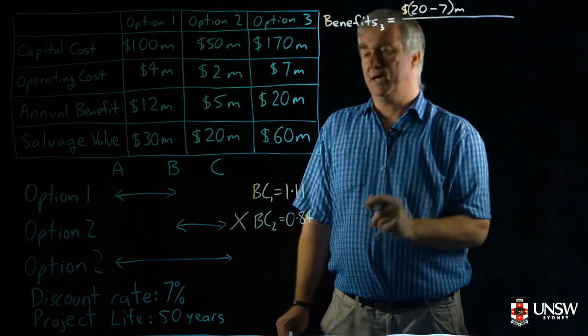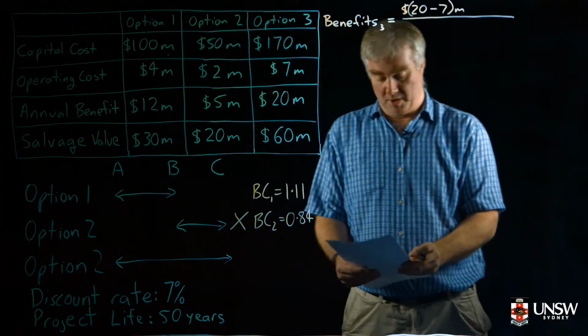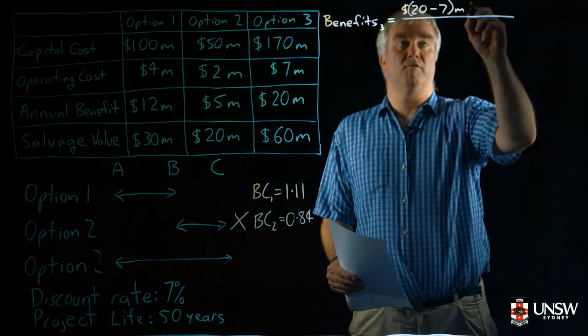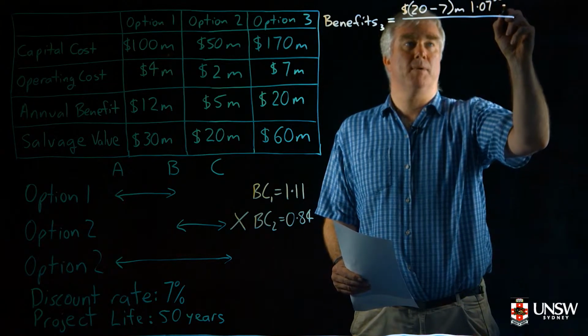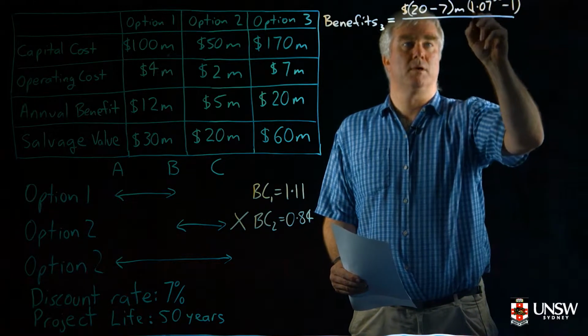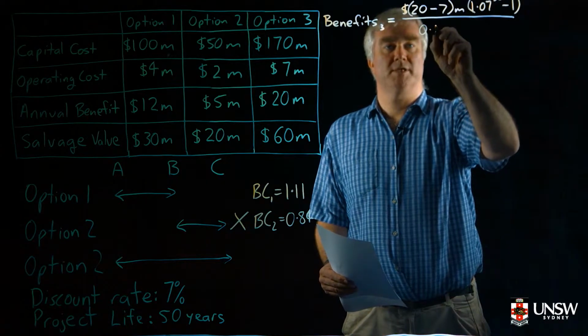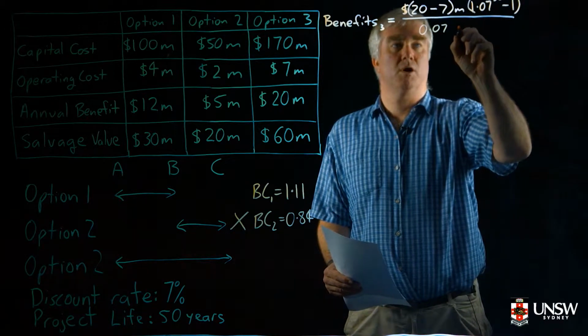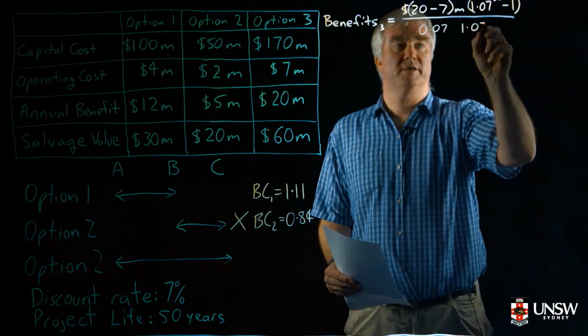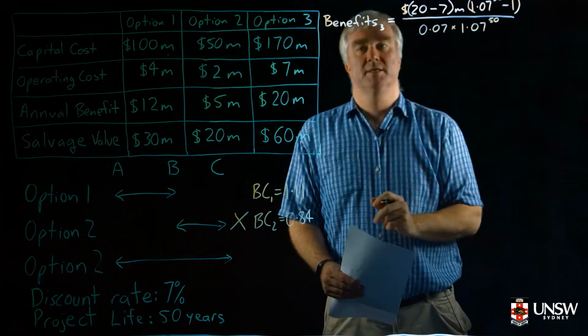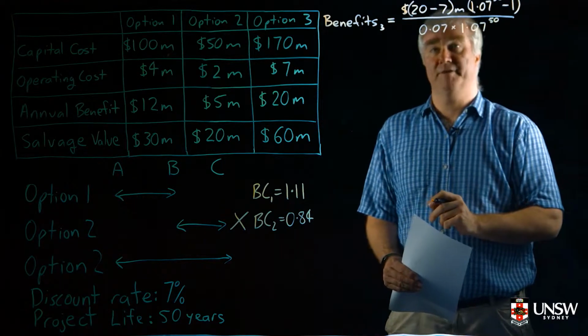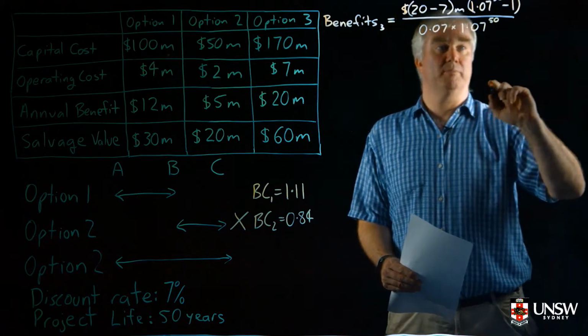We need our factor, and our factor will be the same one we had before, of 1.07 to the power of 50 minus 1, all divided by 0.07 times 1.07 to the power of 50. So that gives us our present value of the annual benefits.